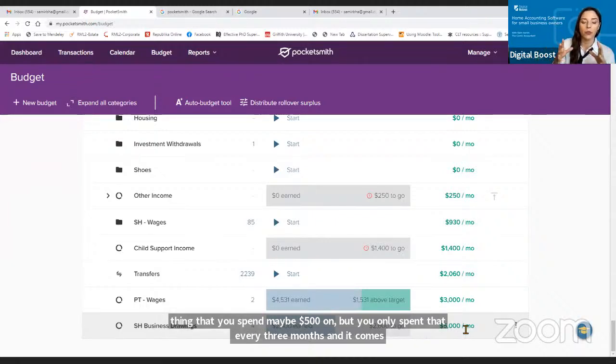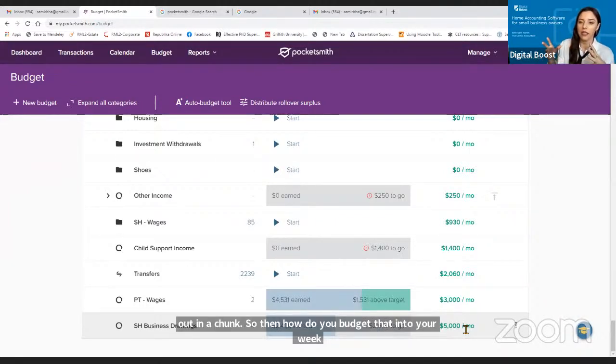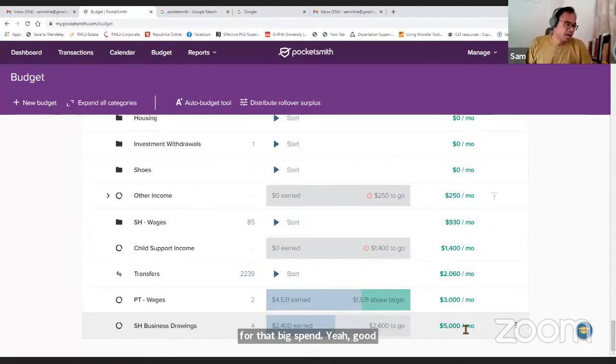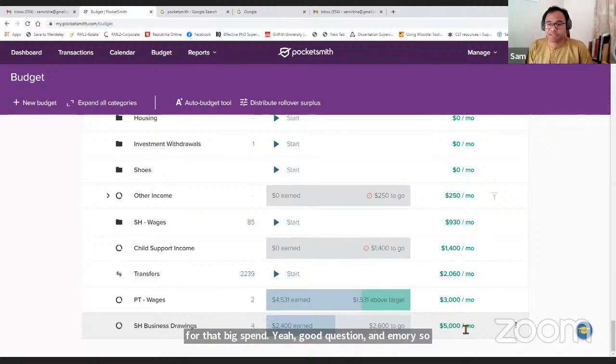So how do you budget that into your weekly budgets, given the way that you're being paid? How do you actually put certain amounts into your account to allow for that big spend? Yeah, good question, Anamari. That's where rollover budgets come into play. And we'll talk more about rollover budgets when we move into expenses, right?